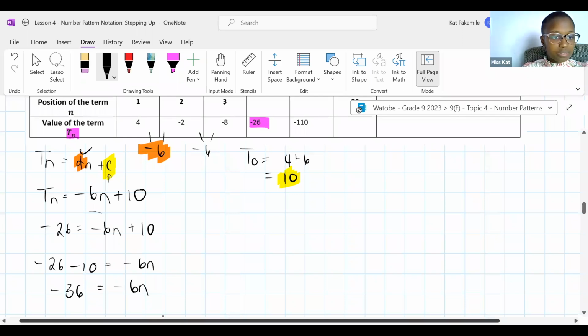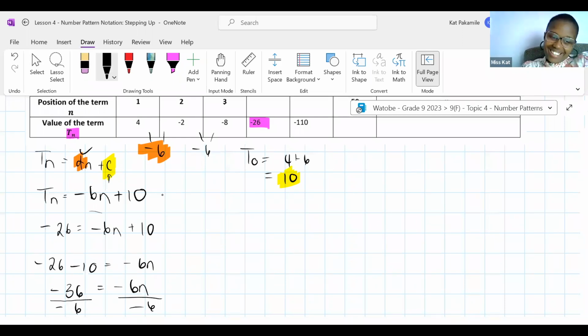Now we're going to divide by -6 on both sides, which ends you up with a positive 6. So in position 6, the term is -26.